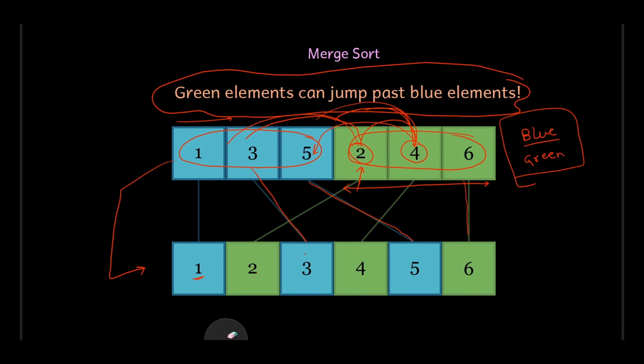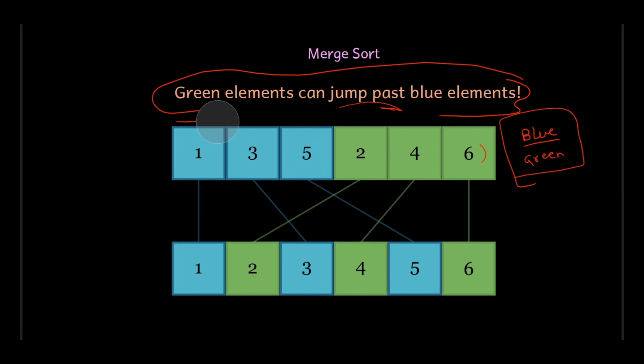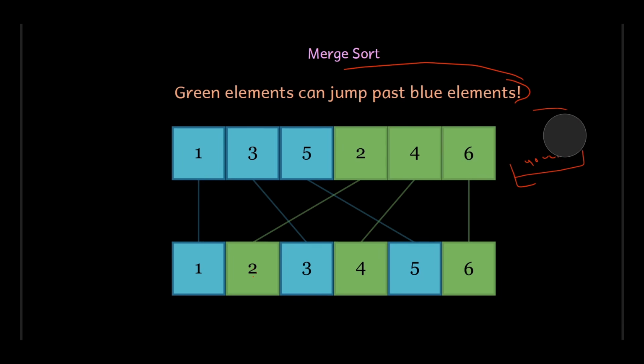So what can we conclude from this? We can only conclude that, okay, if we are lucky, that is, segregation is always possible, that we know of. So we'll first do the segregation, and we'll have all the blue elements in one place, and we'll have all the green elements in one place.